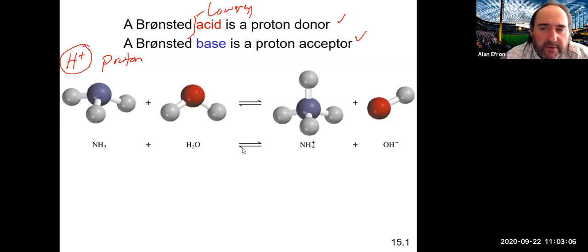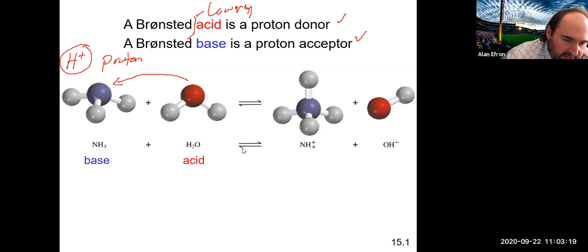And when we do so in the Bronsted-Lowry condition, basically what's going to happen here is our water is going to act as the acid and donate its H plus over. When it does, it creates NH4 plus, and when water loses the H plus, it makes OH minus.